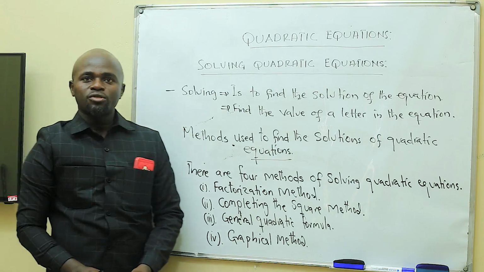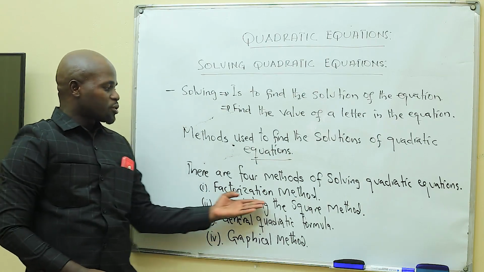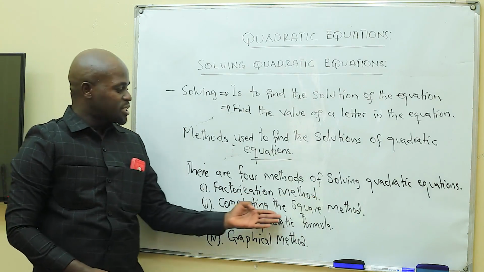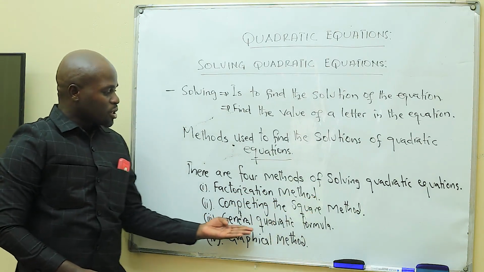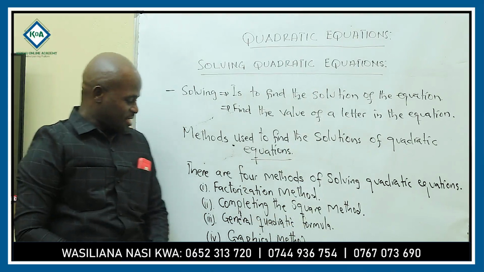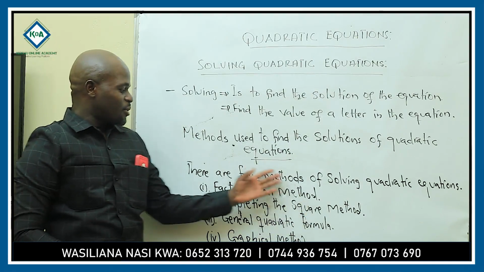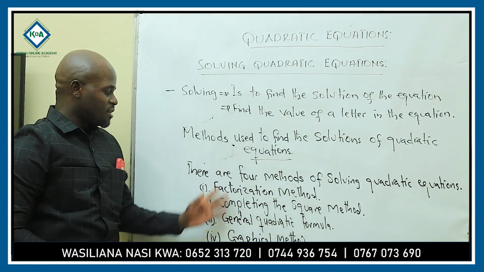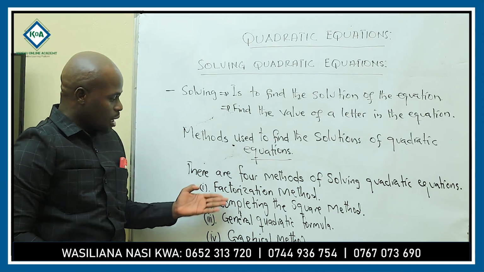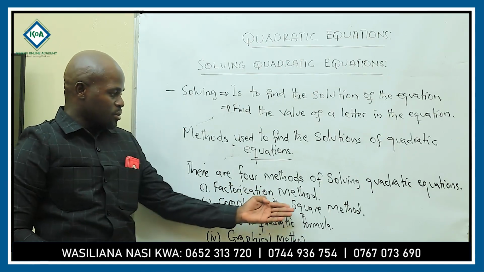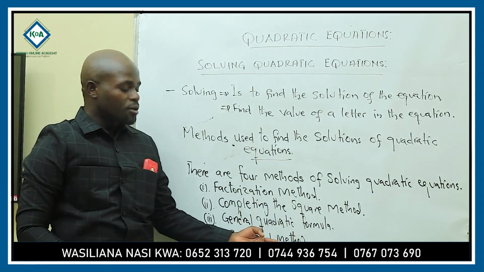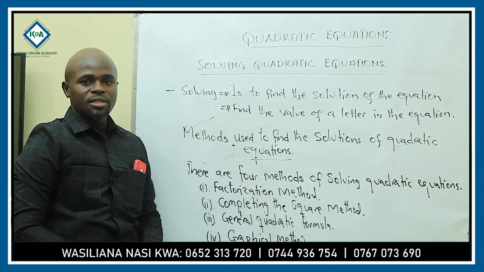How can we solve quadratic equations by using factorization method, completing the square, general quadratic formula, or graphical method? These are factorization method, completing the square method, general quadratic formula, and graphical method.